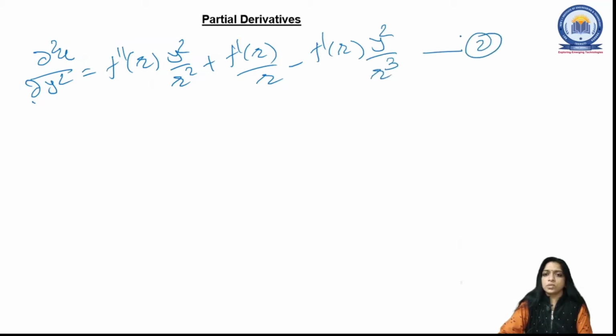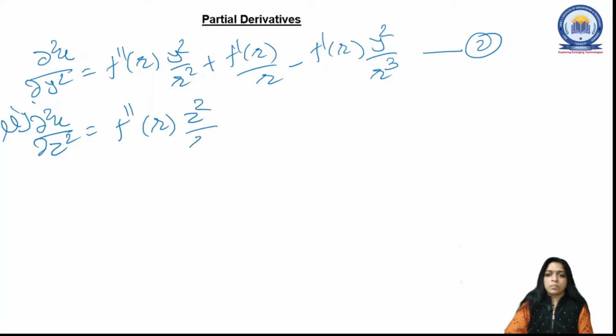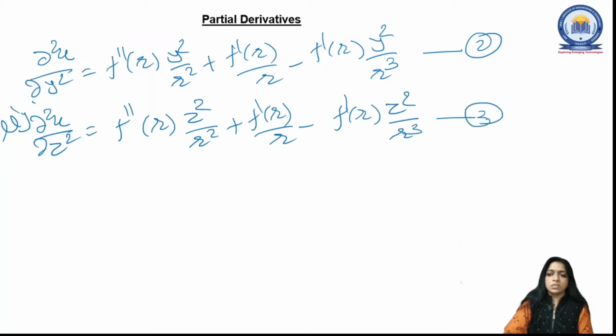This is my equation 2. And similarly for del square u upon del z square, that is f double dash r z square upon r square plus f dash r upon r minus f dash r z square upon r cube. This is my equation 3.